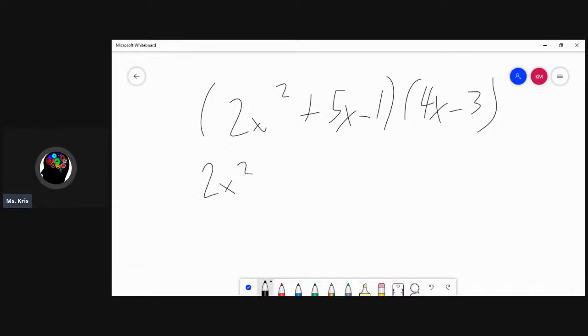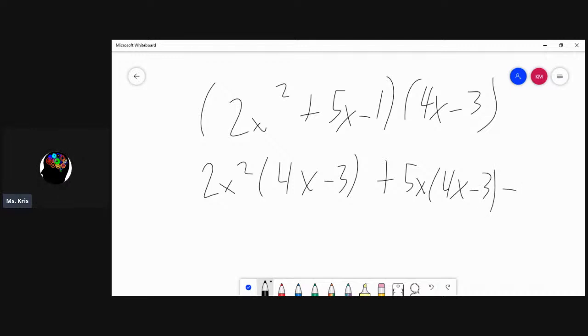What that would look like would be 2x squared times 4x minus 3 plus 5x times 4x minus 3 minus 1 times 4x minus 3.